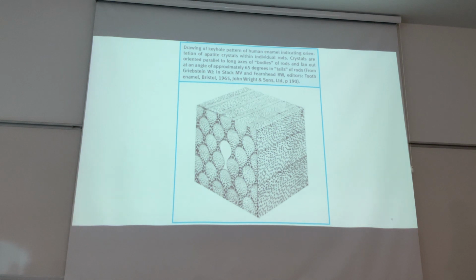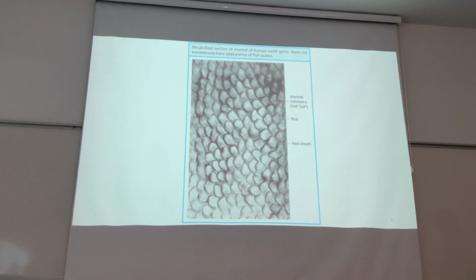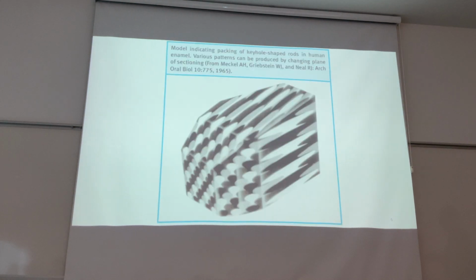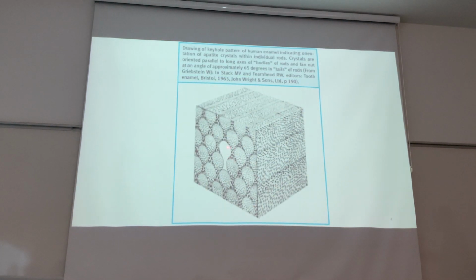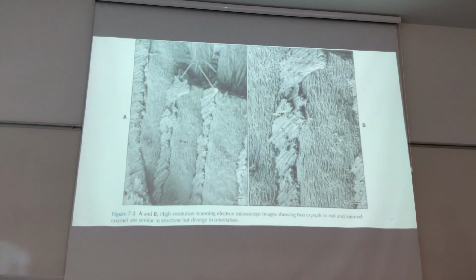Okay? This swollen part is known as the rods, and the tail part is our interrods. This structure is our rods, and between the rods you can see interrods.